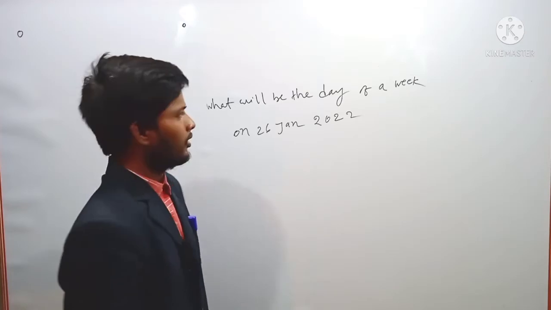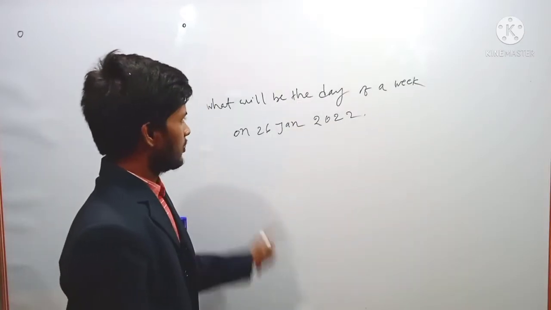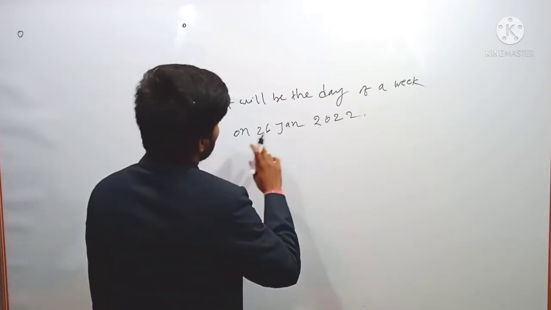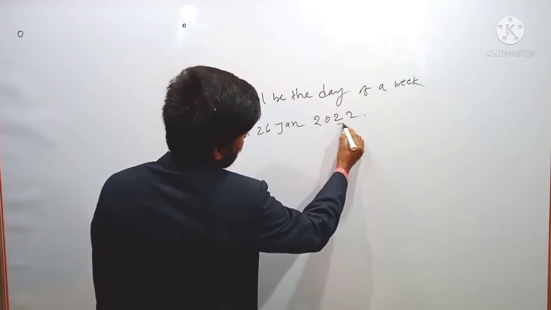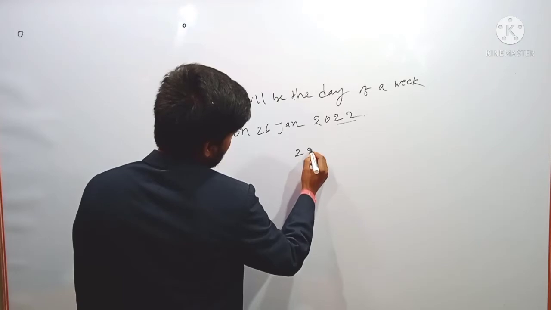How to find it? Okay, so you'll know that. So the trick is, first we have to take the 2 digits of the year. Okay, so what are the 2 digits? 22.